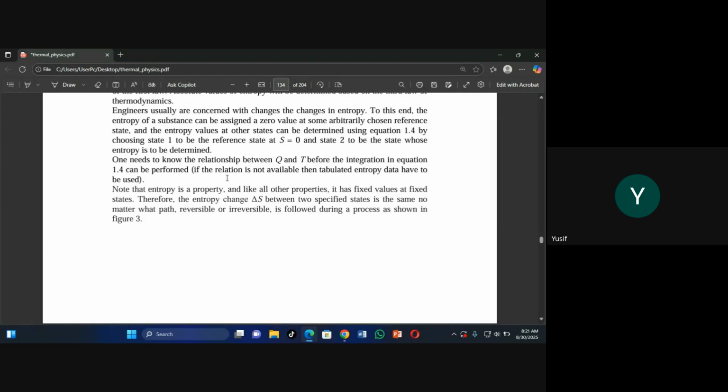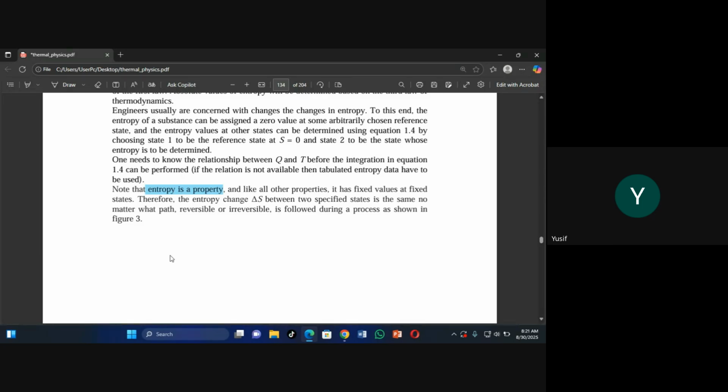Entropy is a property. And like all other properties, it has a fixed value at fixed states. So an example is, let's say, the specific heat capacity of a metal. And not just any metal, let's say copper.